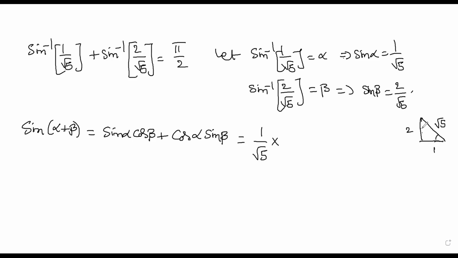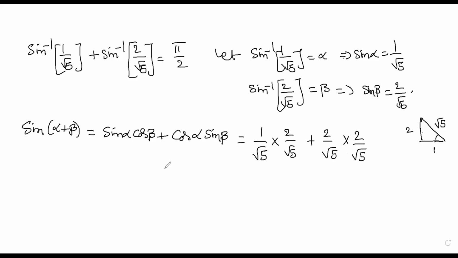So 1, 2, root 5. The square root of 1 square plus 2 square is square root of 5. So this happens to be 2 by root 5, plus you have cos alpha. Cos alpha happens to be again 2 by root 5, right? And sine beta happens to be 2 by root 5.